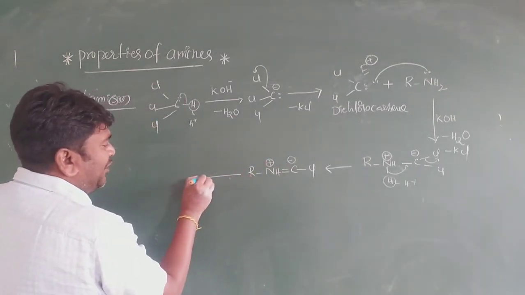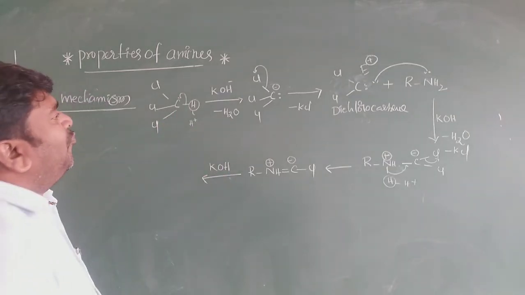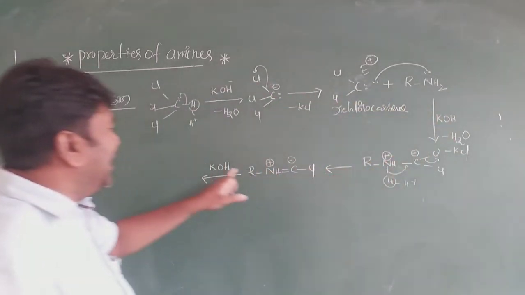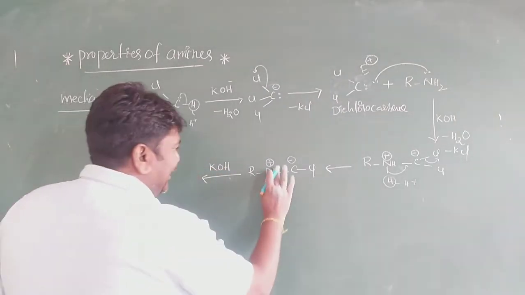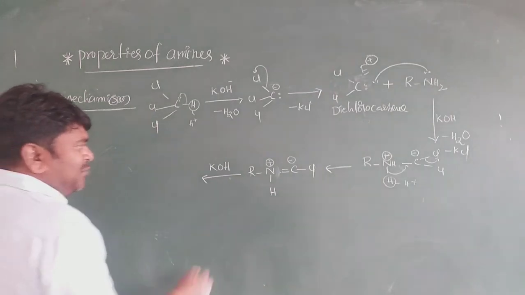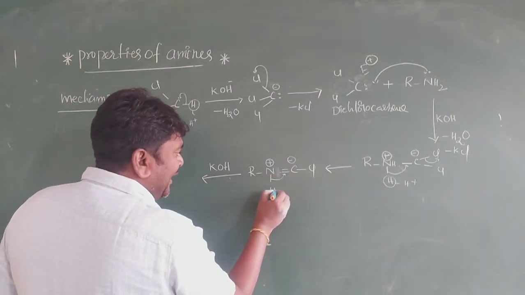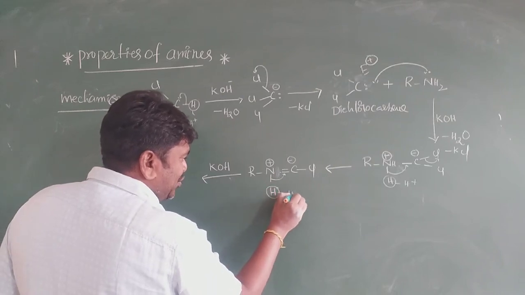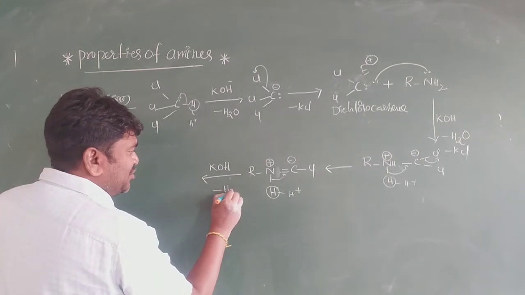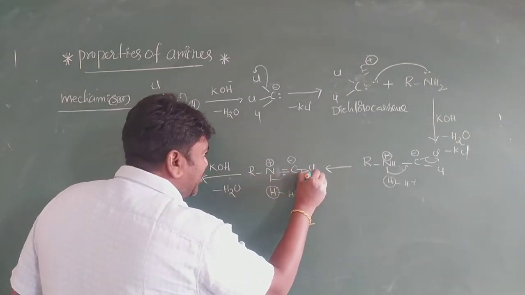This compound is formed. Next, if you take another KOH, in the equation we have taken 3 KOH; this is 1 KOH, and the last one. You have to see here, I'll write it like that, it is a hydrogen. Same thing: this bond is shifting to here, eliminated as H plus. This H plus and OH minus give H2O. At the same time, these two electrons are gained by chlorine.